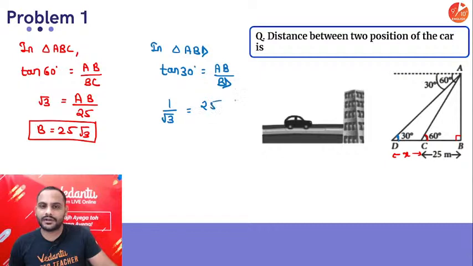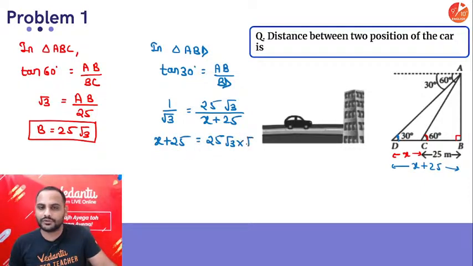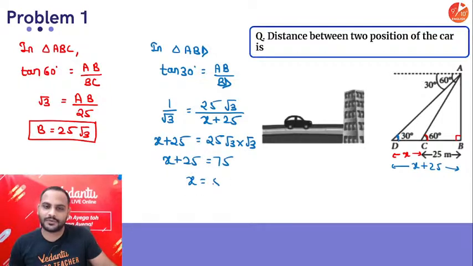AB we have got as 25 root 3, and BD will be x plus 25. Cross multiplying, x plus 25 is equal to 25 root 3 into root 3. Root 3 into root 3 is 3, and 3 into 25 is 75. So x plus 25 is equal to 75, and x is equal to 50.